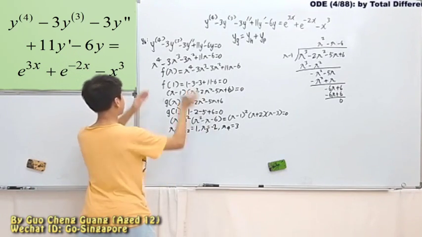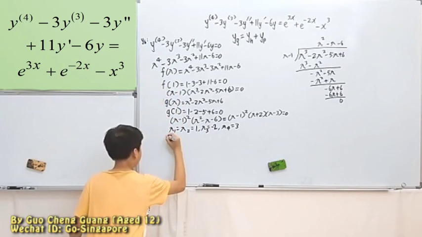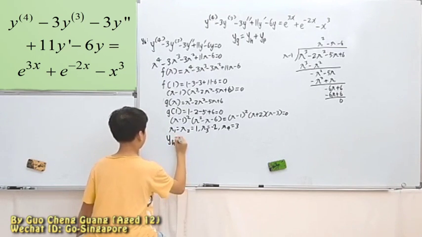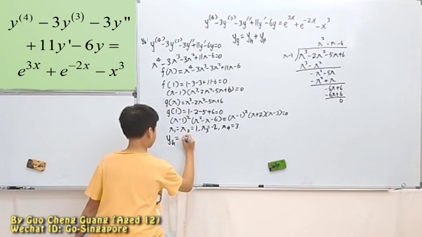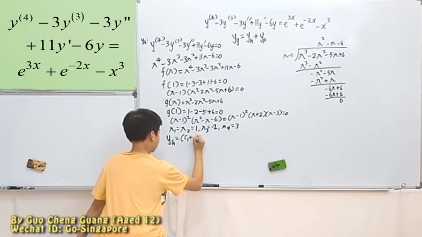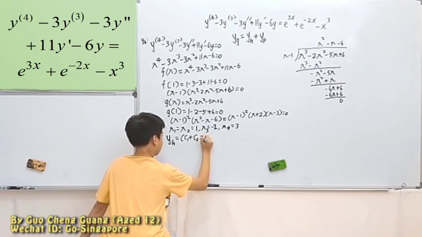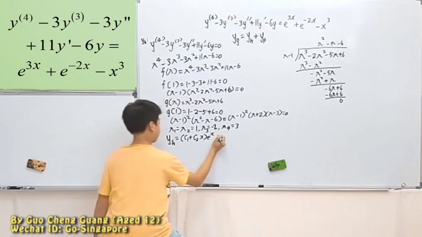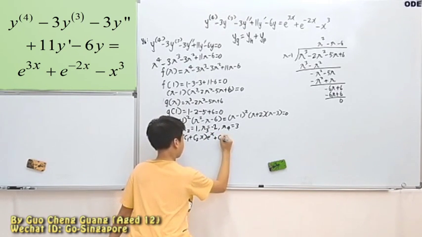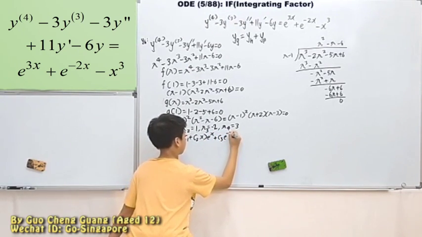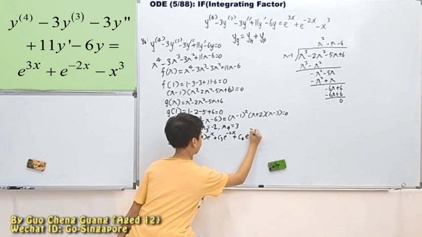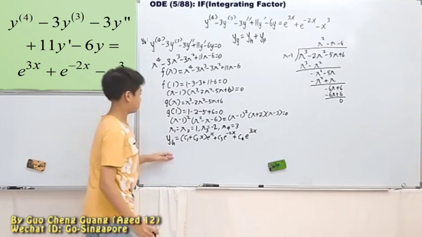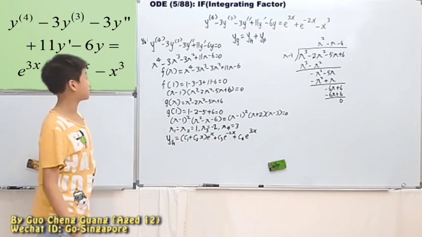So we'll substitute all of these back to find yh. Okay, this is what you'll get.